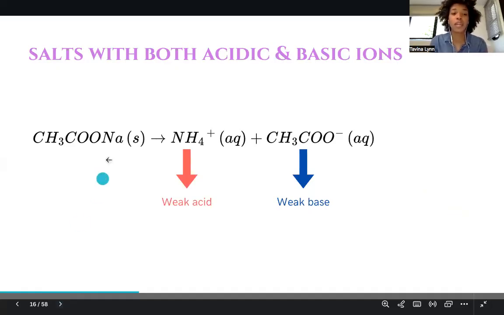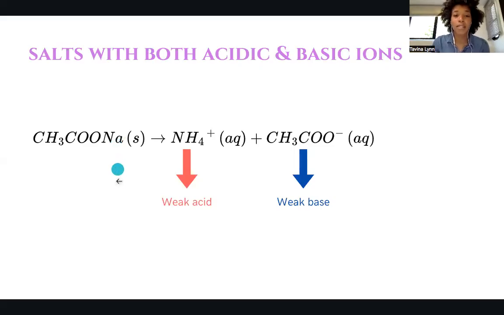This should be ammonium acetate. So pretend that that sodium was ammonium. If we put that solid into water, we would get ammonium ions and we would get acetate ions. Ammonium is a weak acid and acetate is a weak base.